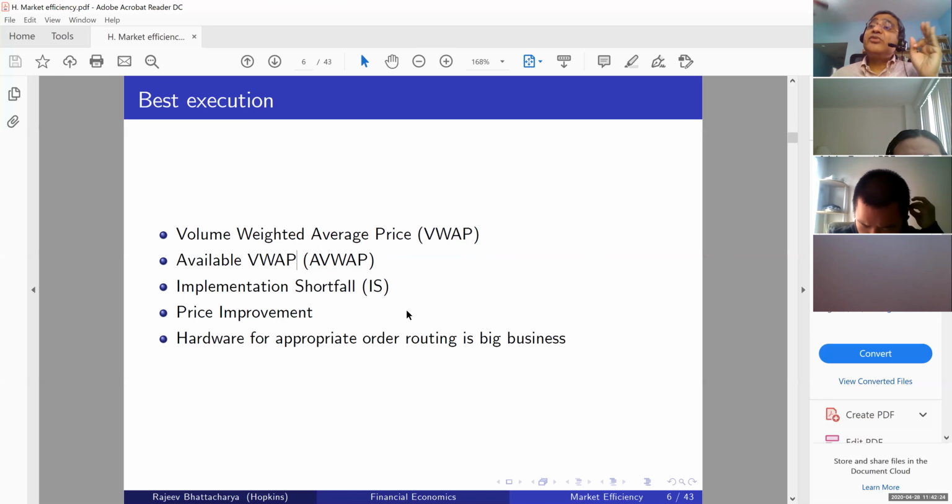A really major development over the last 10 years is quick order routing. A lot of algorithmic trading has become a huge business.